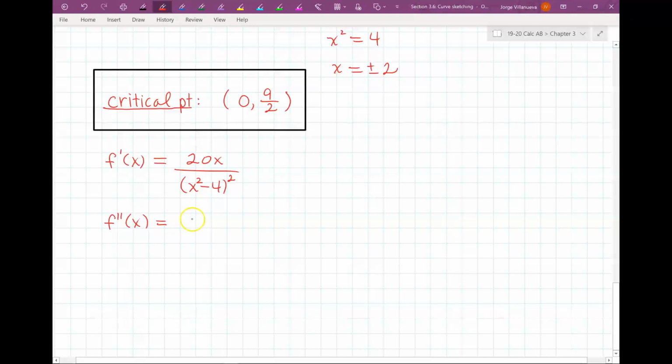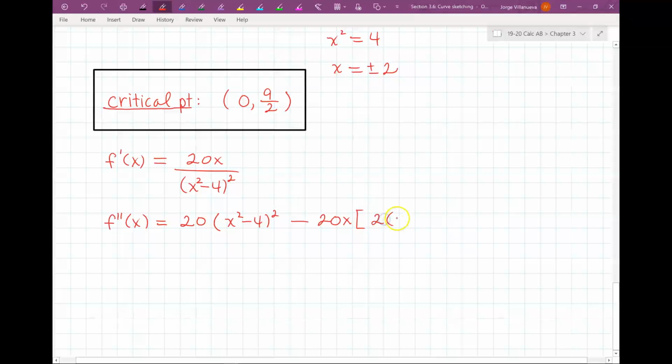So the derivative of 20x is 20 times the bottom, (x squared minus 4) squared, minus the top, which is 20x, times the derivative of the bottom. Notice that's going to be a chain rule because it's a quadratic function within a quadratic function. That's an x squared minus 4 stuck inside of something squared. So we have to work with that power first on the outside. So bring the power down.